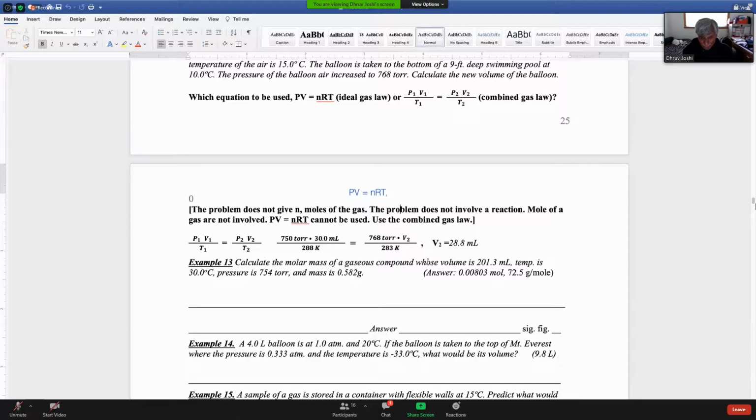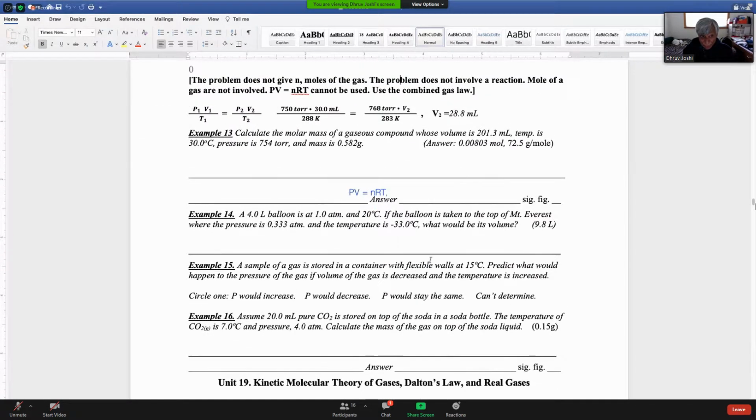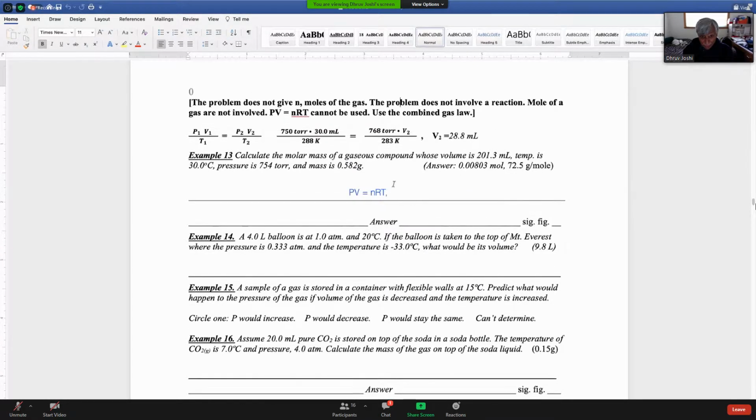So PV equals nRT. This is how we decided that we were going to use PV equals nRT because it involves number of moles. Now, we say grams are given. So we have to convert this equation into the equation involving grams.